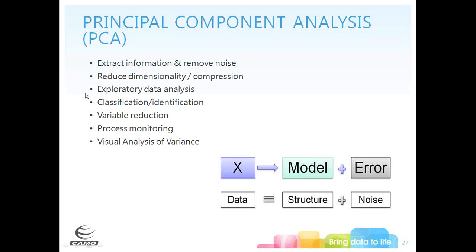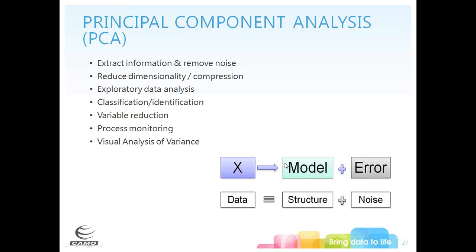It is a superior tool for exploratory data analysis and can form the basis for classification and identification. From it, we can also achieve variable reduction, use it for process monitoring, and get a visual analysis of variance.